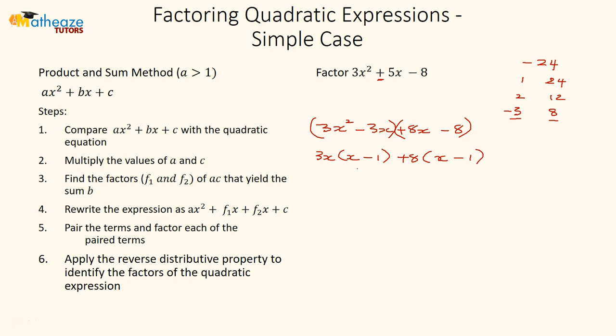So we have a check: x minus 1 here, x minus 1 here. If you find that the expression in the parentheses is different, then you've done something wrong. So now we have x minus 1 because that's what's common, and then we have 3x plus 8.